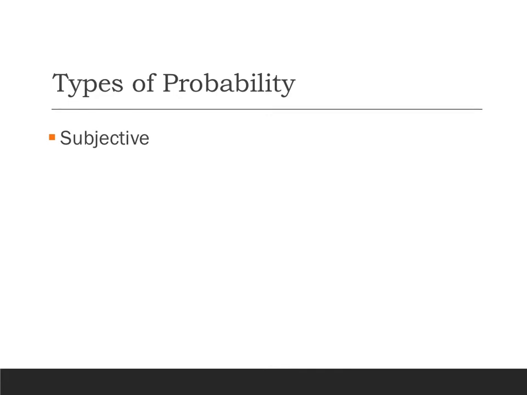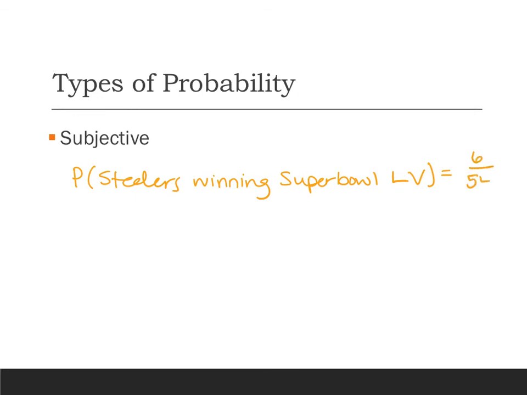And so I would not be able to say empirically that the probability of the Steelers winning Super Bowl LV, so that'd be 55, is 6 out of 54.